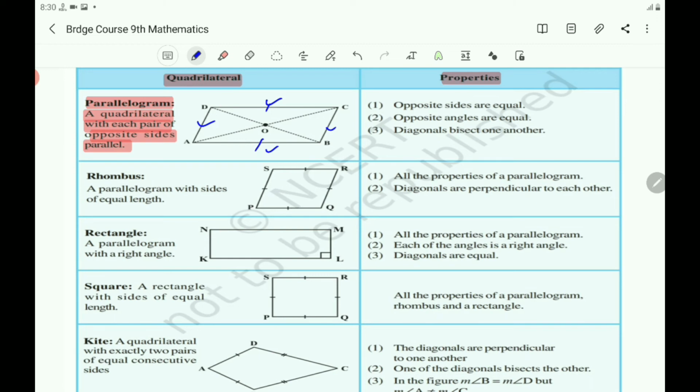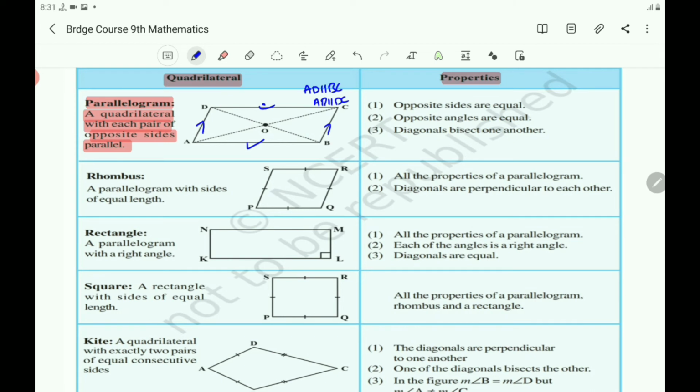They are parallel. AD is parallel to BC and also AB is parallel to DC. So it is a parallelogram.